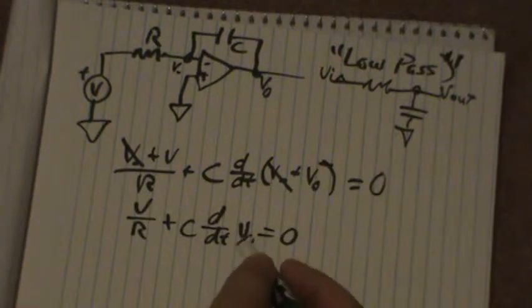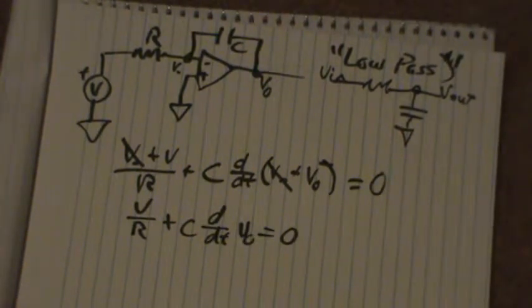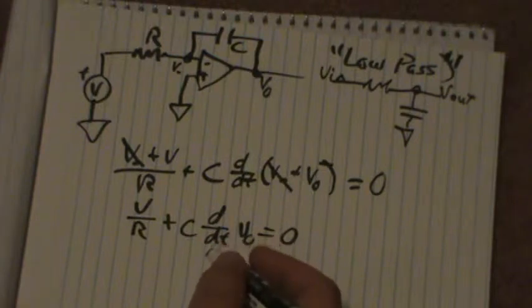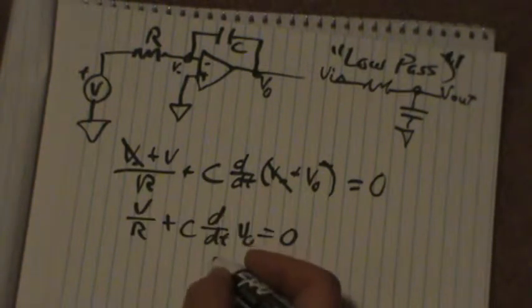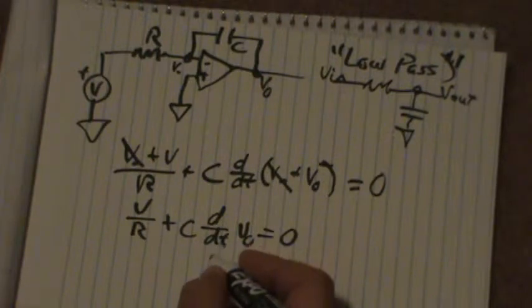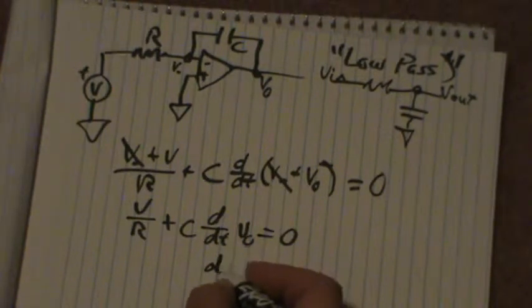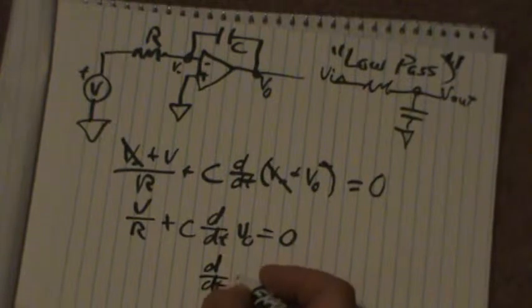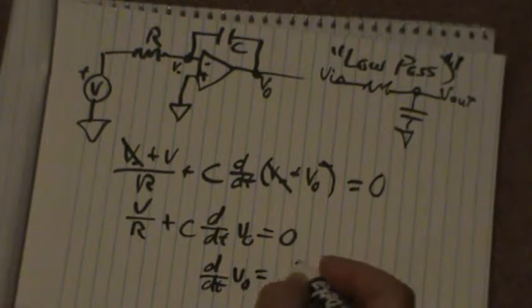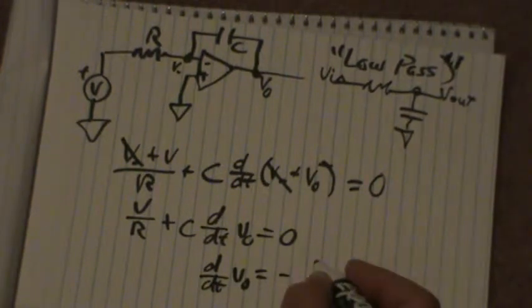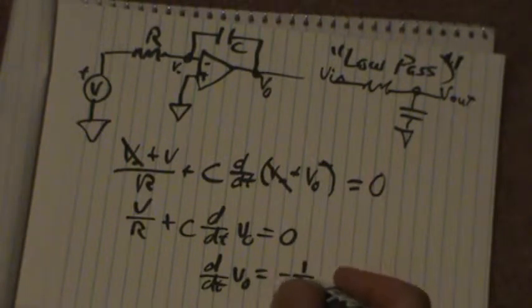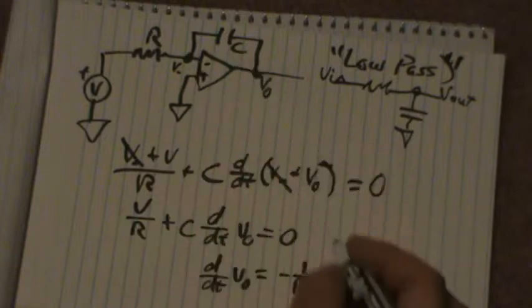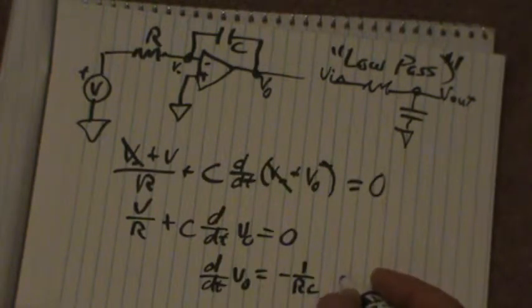So you just say, hey look, it just has the derivative again, but I've got the derivative of the output, and I just want to know what the actual output itself is. If I rearrange some terms here, I end up with the equation that d/dt of my output has to equal minus 1 over RC, there's my time constant and the inverting because it's on the negative input, times V.